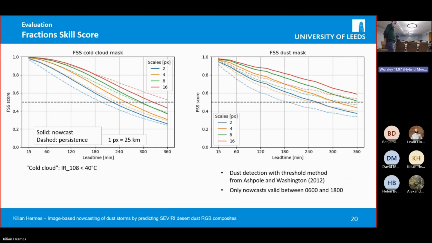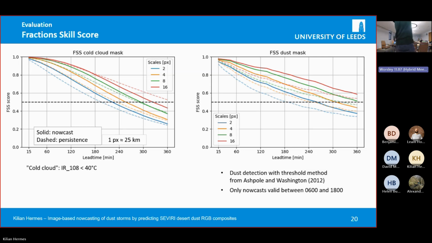And what you can see is that for most scales, the scale being the box size in which we look at both feature masks, the model outperforms persistence on most scales. On the finer scales, that is for almost 4 hours into the future, and for the coarser scales it varies a bit.